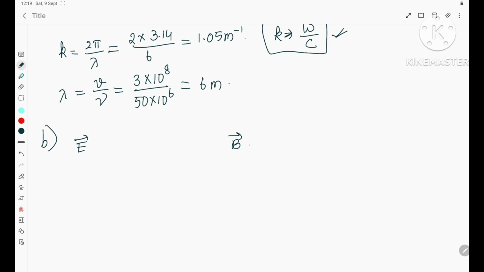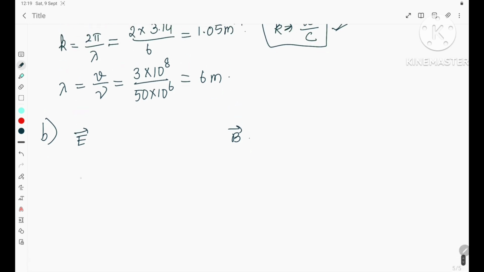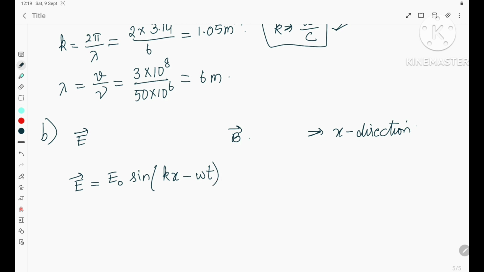First, we have to assume any one particular direction for the propagation of the wave. So let us assume that the wave is traveling in the x direction. Okay. This is a traveling wave. So the format for the wave will be E vector equals E naught into sine kx minus omega t into j cap, and B vector is equal to B naught into sine kx minus omega t into k cap.